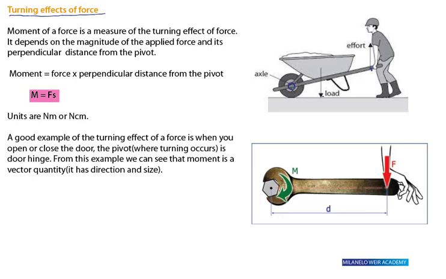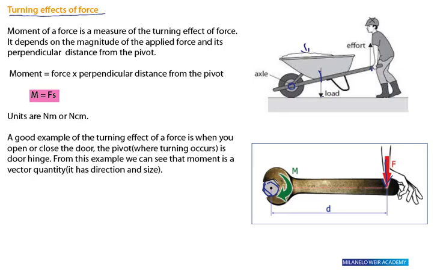This is where the turning occurs, and in this example, this is the pivot because the turning occurs here, and this is the force that is being applied. There is only one force here, but here we have two forces acting: the load, which is the weight of whatever is in the wheelbarrow, and the force applied by this man.